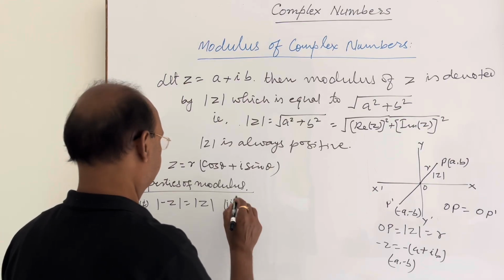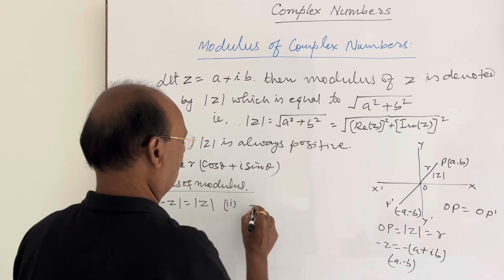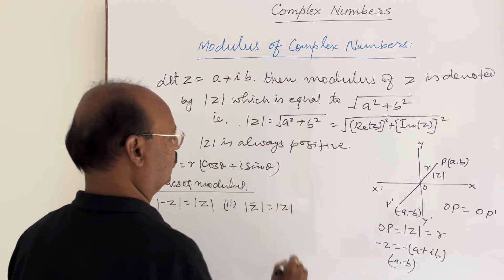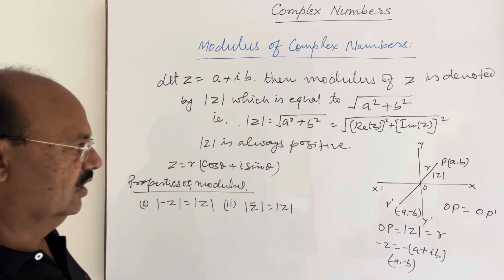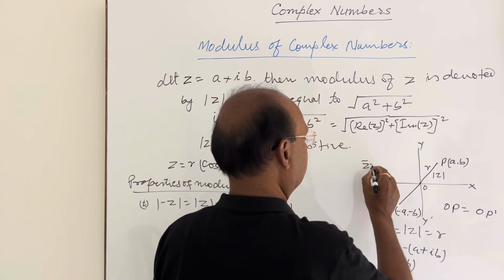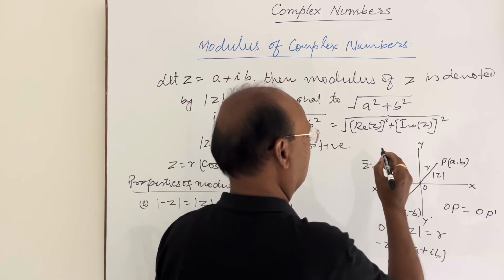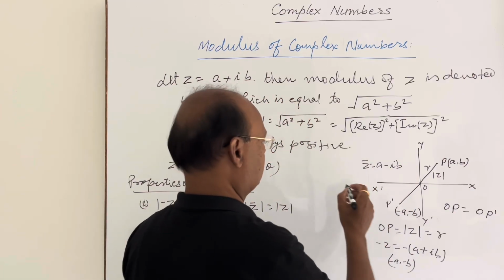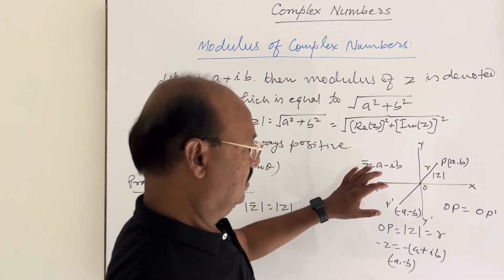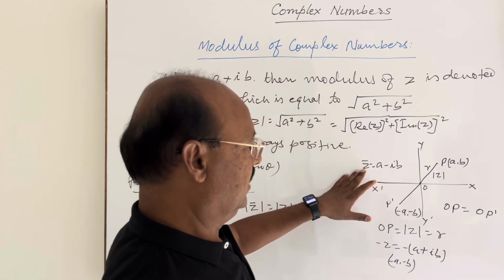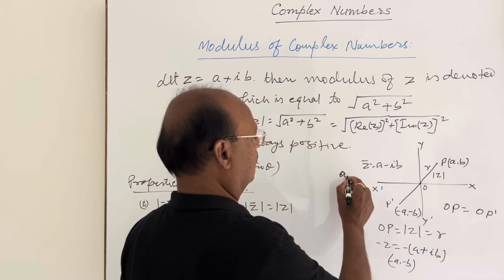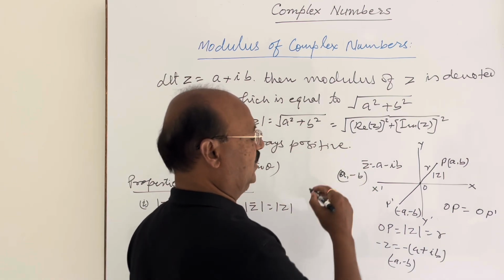Second, mod of z bar is equal to mod of z. You know z bar is a minus ib. So the coordinate of the respective point which represents z bar is a and minus b.